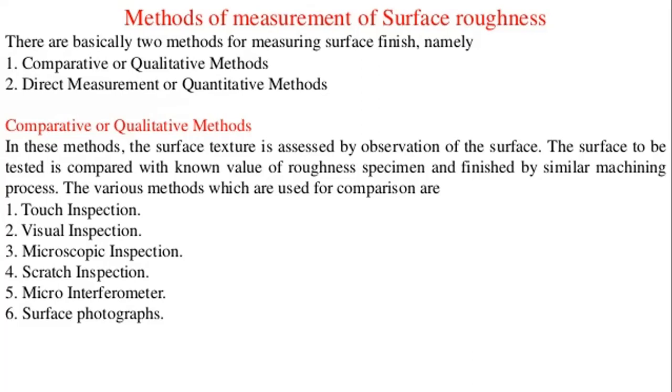And the next one is the microamphometer, which we can specify by the optical lens only. The next one is the surface photographs. By this surface photographs method, we can verify the surface finish only by the photographs. So these are the different types of methods of measurement in the comparative or qualitative methods.